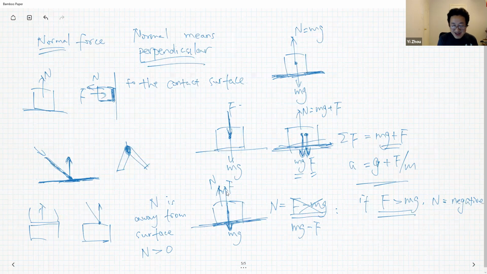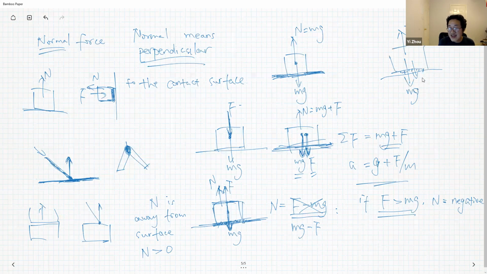If the force cannot lift the box off this surface, that means it's sticky. Then that's another force. We cannot call that a normal force. If there's a sticky thing in here, and this force is greater than mg, then we have these sticky things dragging the box down.